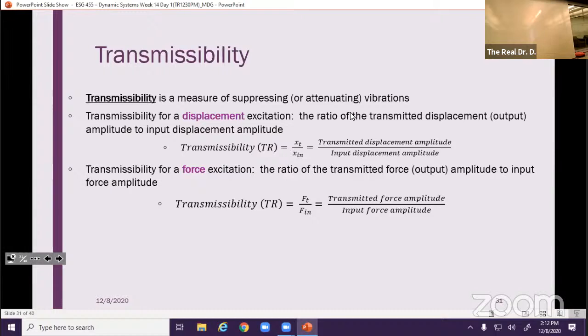Neither of these take into account frequency. What matters is the amplitude, right? We are saying that I don't care how much phase lag I'm introducing into this system. All I care about is that I get those vibrations minimized. That is what this is saying.